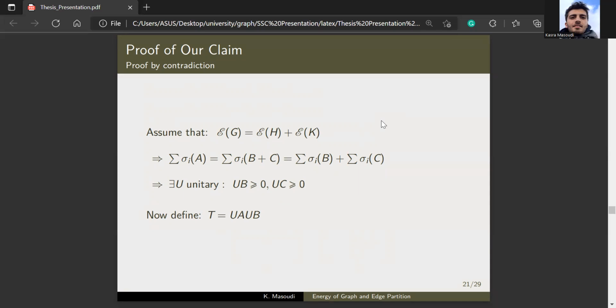And actually, multiplying by U to get UB and UC was a random idea that we used to prove the claim.